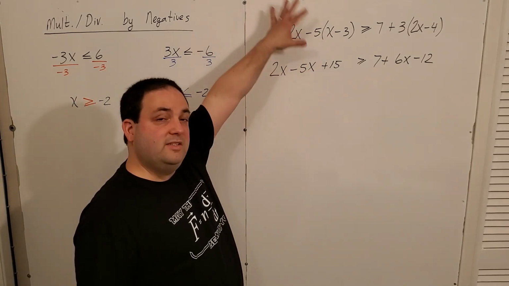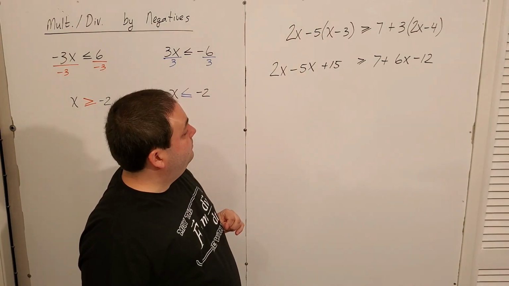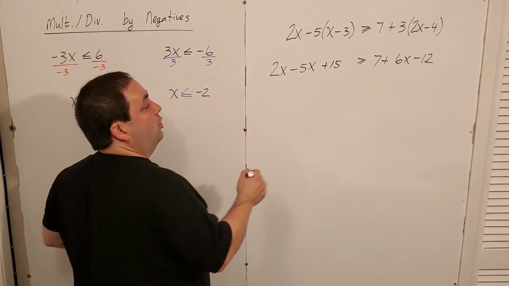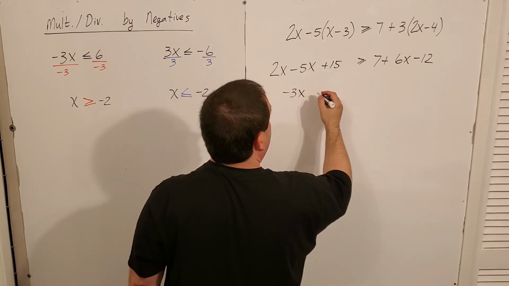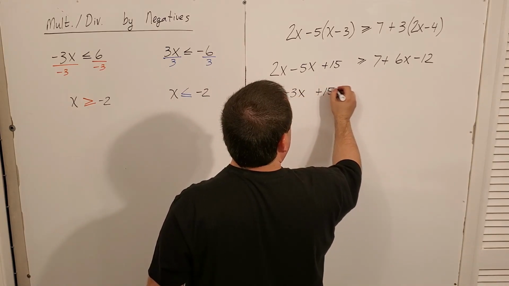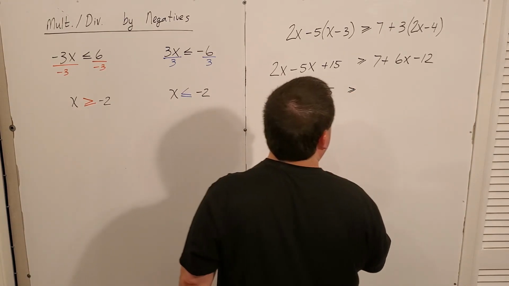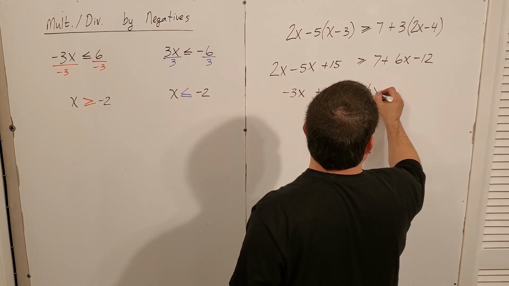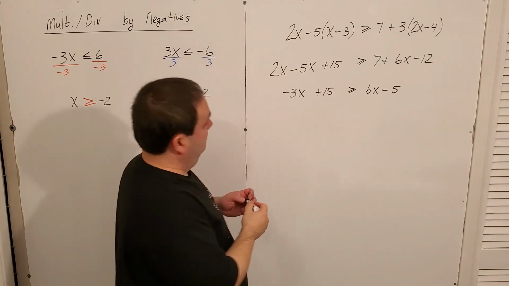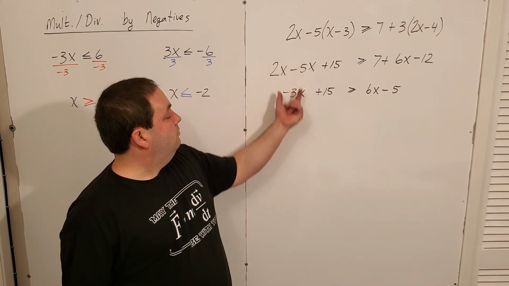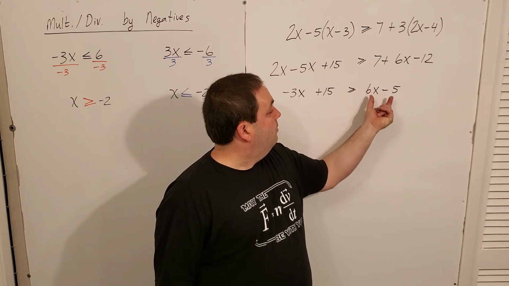I just simply simplified each individual side. I'm going to combine my like terms. Okay. My x's combine here, my numbers combine here.